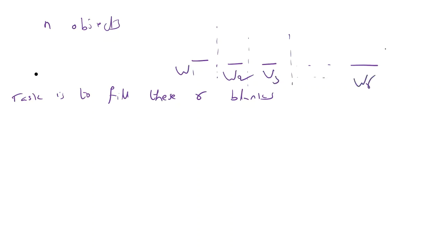Our task is to fill these r blanks. Now I am dividing this task into r different works, namely W1 is to fill the first blank, W2 is to fill the second blank, W3 is to fill the third one, and so on up to Wr. Wr is to fill the rth blank.